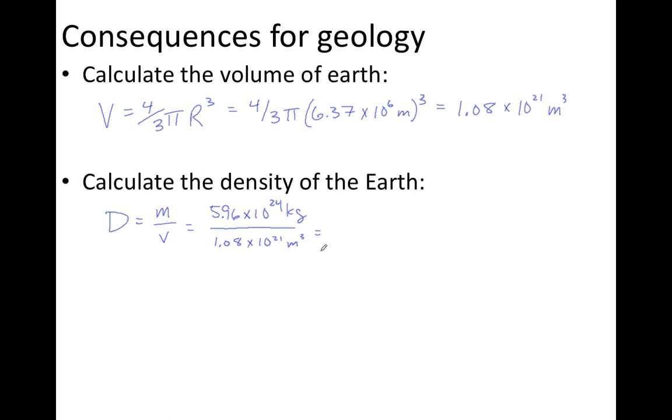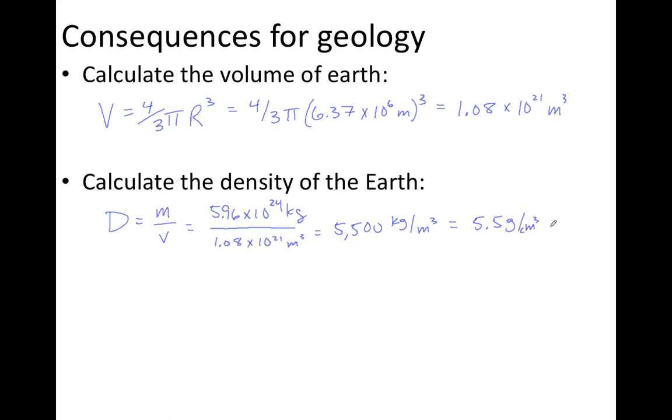This will give us the average density of the Earth. It's 5,500 kilograms per cubic meter, or in the units that geologists like using, that's 5.5 grams per cubic centimeter.